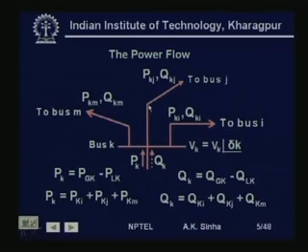Now, if we look at the situation at this node, then what do we find? We find that the injection here is going to be equal to how much? It will be the sum of all the power flowing out from this bus. So, this Pk will be equal to Pki plus Pkj plus Pkm, these power flowing out.